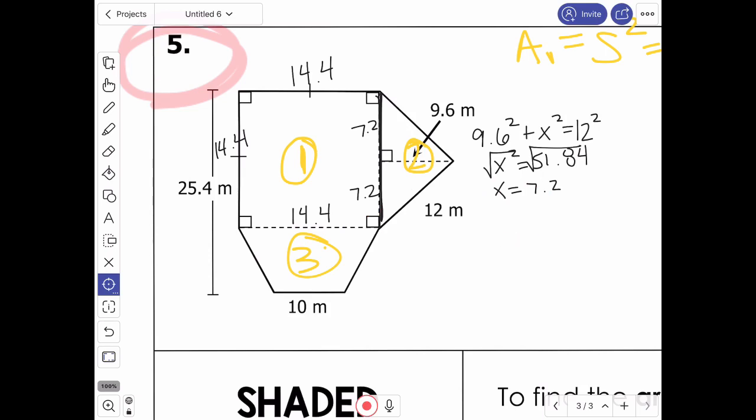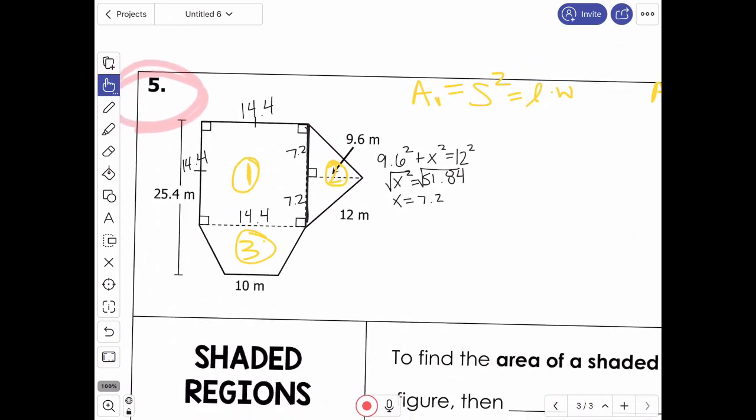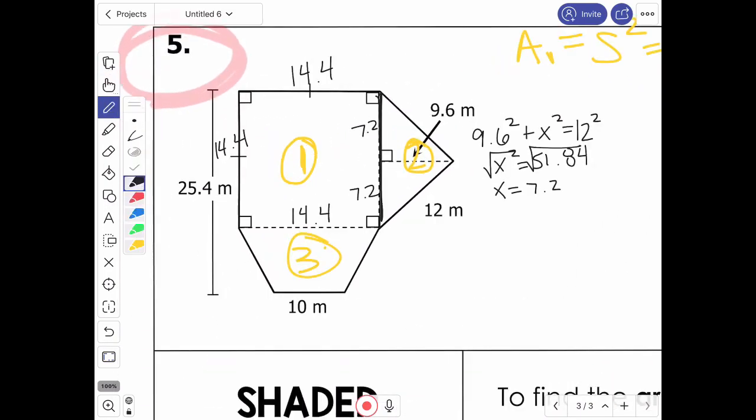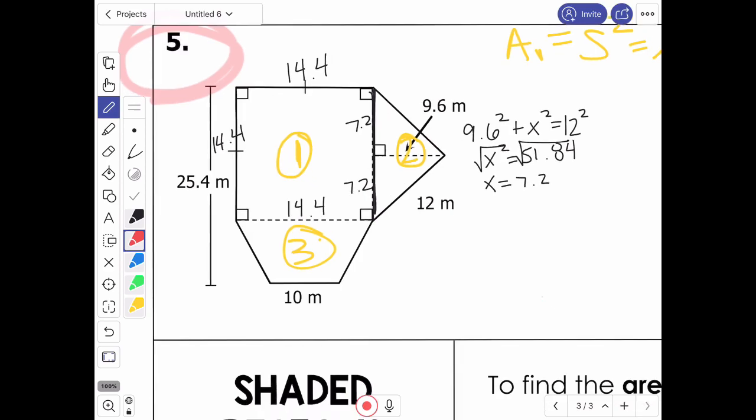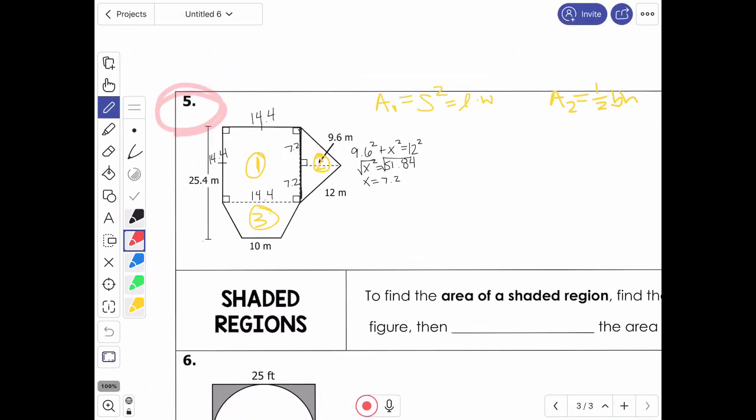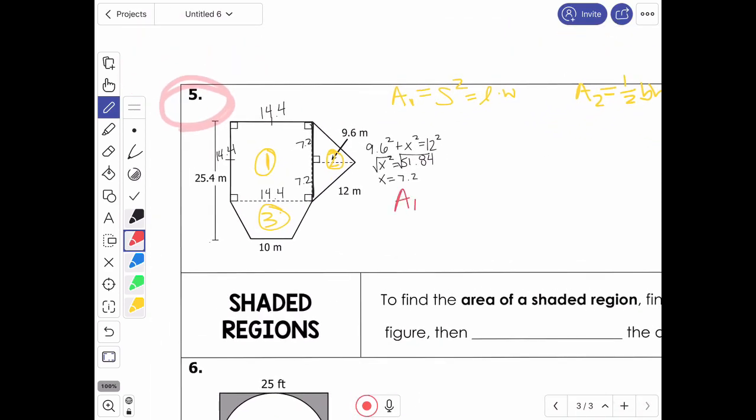So now I can figure out the area of a square. If I zoom out. So area 1. Oh, that didn't zoom out at all. Area 1 has to be 14.4 squared, or 14.4 times 14.4, however you want to think about it.